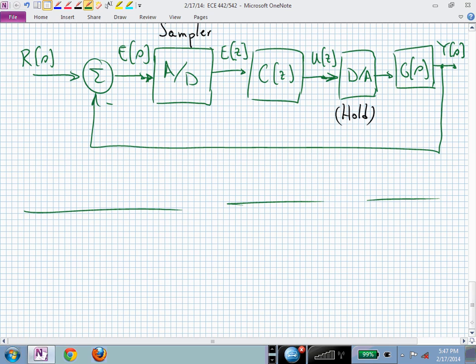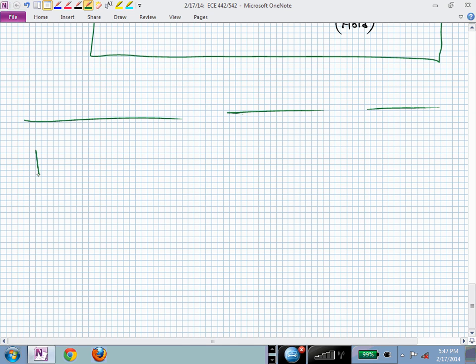But let's look at another block diagram. Here is, I will say, a block diagram that's more related to working completely in a discrete time environment. Here, suppose that we actually have our reference signal as a sequence of numbers, R of Z, which is now in the transform domain.